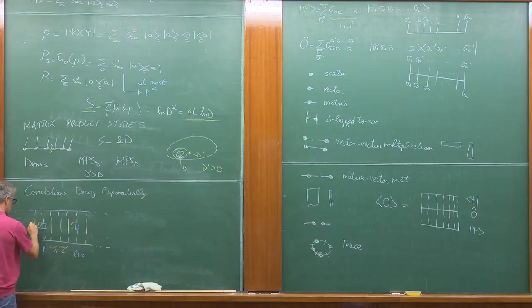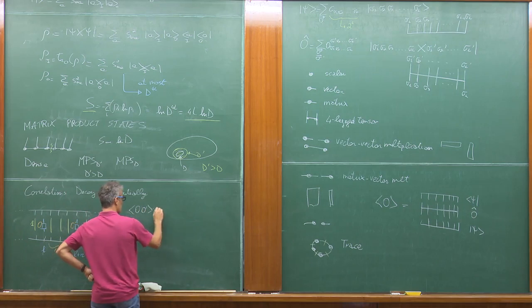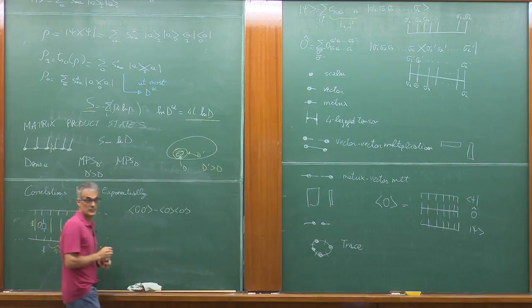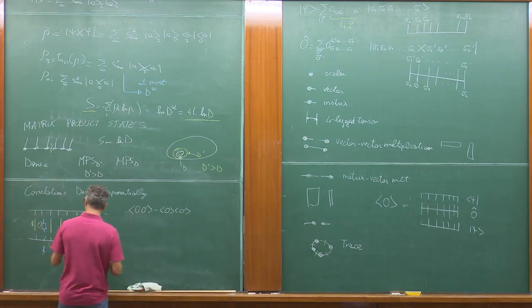Now what we're going to try to do is to describe the correlations. What I want to compute is basically the expectation of O O prime minus the expectation of O times the expectation of O prime. So how do I do this?